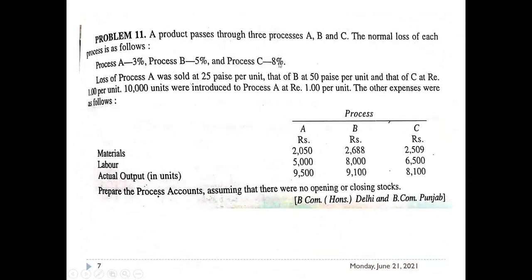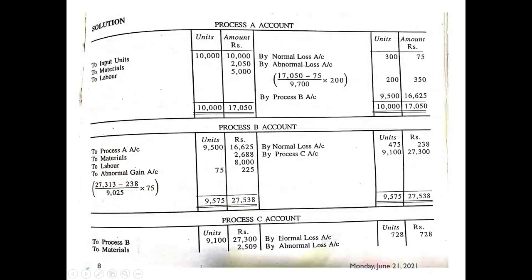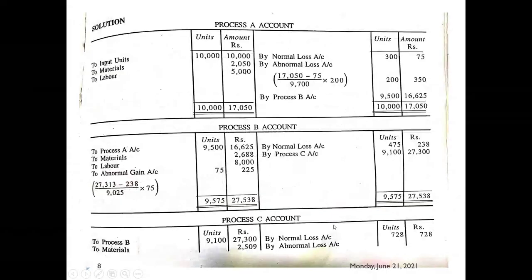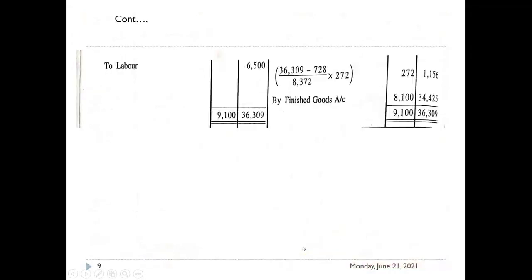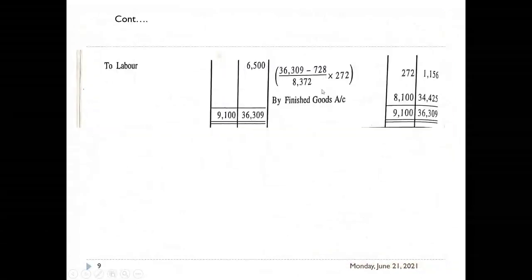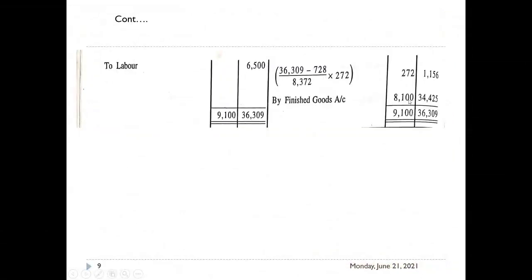Normal loss is 8% of input, so 8% of 9,100 at the rate of rupees 1 per unit will be 728. After that, you write by finished stock or finished goods account. The final output is 8,100.